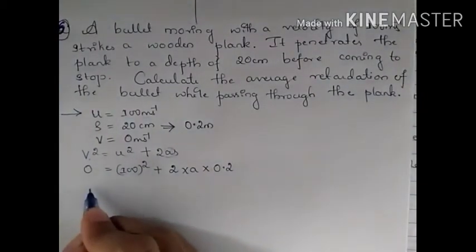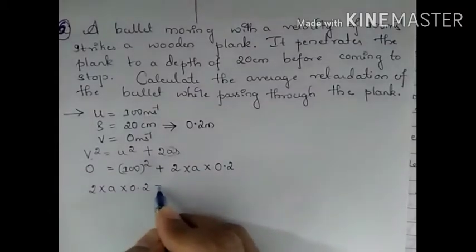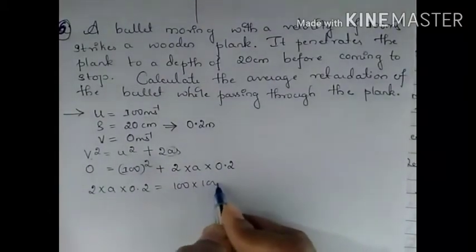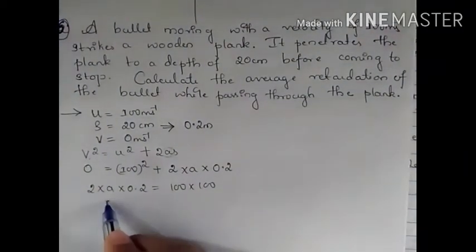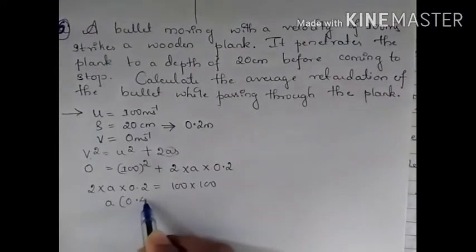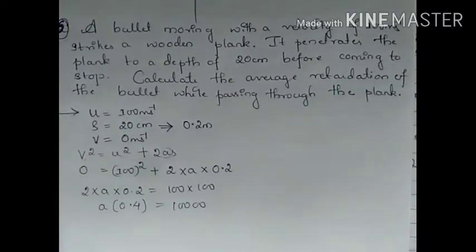So if you send this across, 2 multiplied by a multiplied by 0.2 is equal to 100 multiplied by 100. So 2 multiplied by 0.2 is 0.4, and this can be written as 10,000.